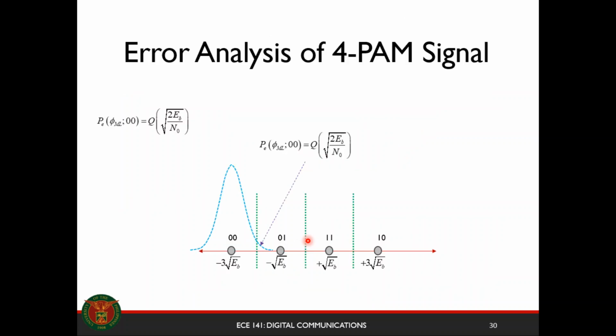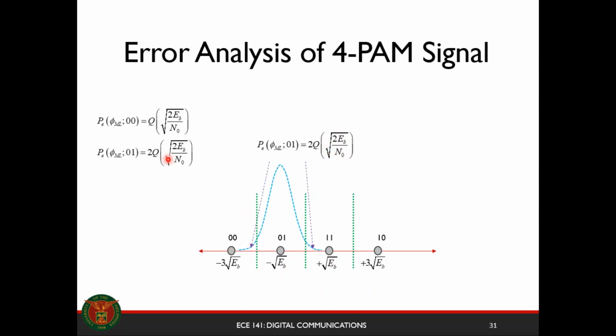So in the case of 4PAM, for the first symbol, the error occurs when, again, your noise crosses over your boundary, and the boundary between these two symbols is at their middle. That means the boundary is at a distance of square root of EB from both of them. So the probability of error, given that 0, 0 is transmitted, is equal to this expression.